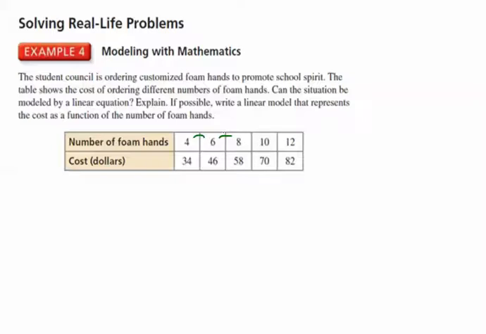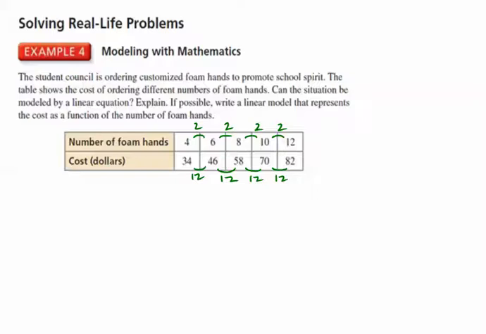So we're going to look at the change in x. We can see we're going up by 2 in each of these, and the change in y would be going up by 12 in each of these examples here, for each of these pairs of points, or for each of these coordinates.